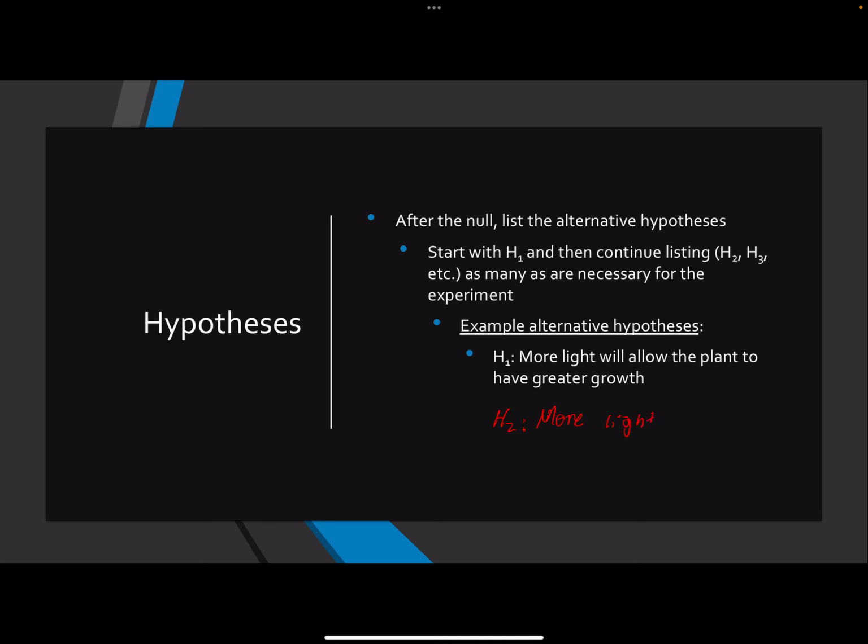Or H2: more light will allow the plant to have less growth. So less growth, as you can see there.